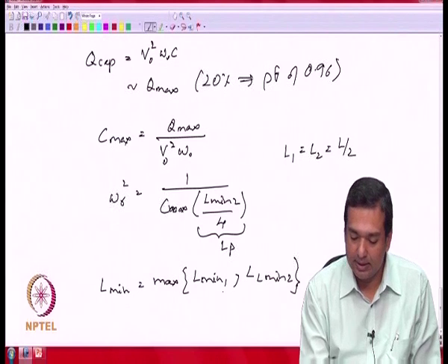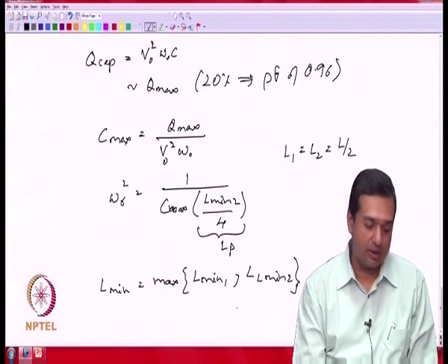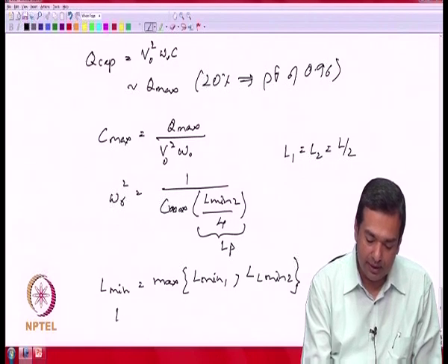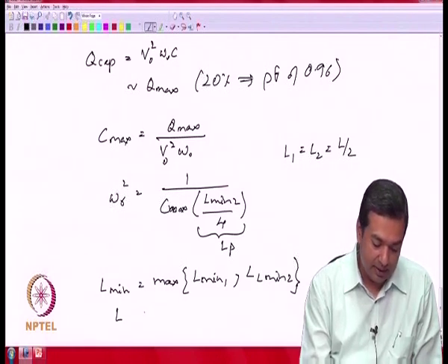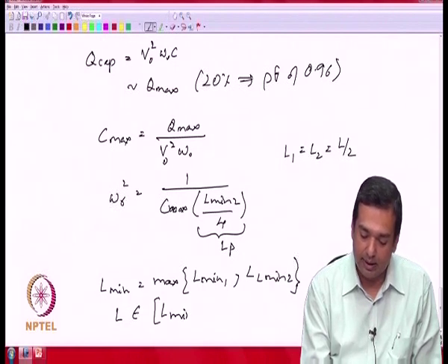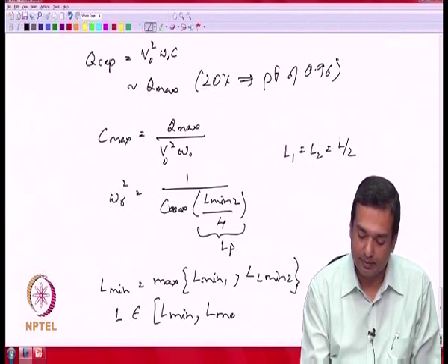So by selecting this you are ensuring that both the constraints are being met, and then your final inductance would belong to the range between L min and L max.